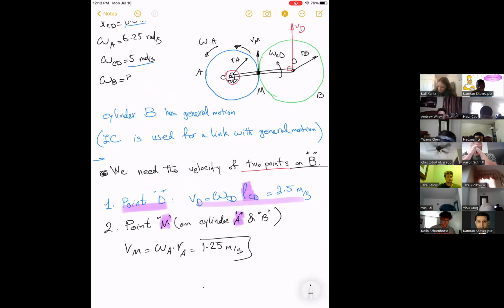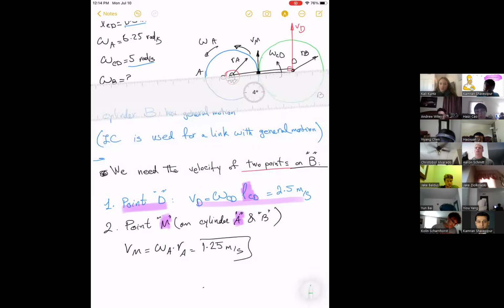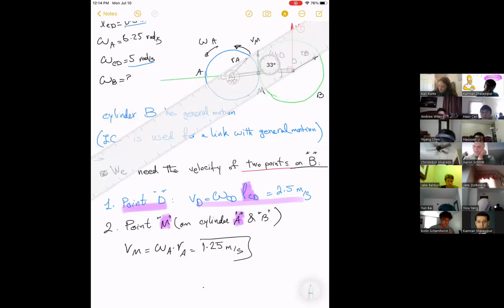Now this is interesting. This is one of the cases that the two velocities are parallel and in the same direction. How do I find IC? Wouldn't IC be infinite? No, I'm going to use the similar triangles. So I'm going to draw a line from end of velocities. And I'm going to draw another line from the tip of velocity vectors.